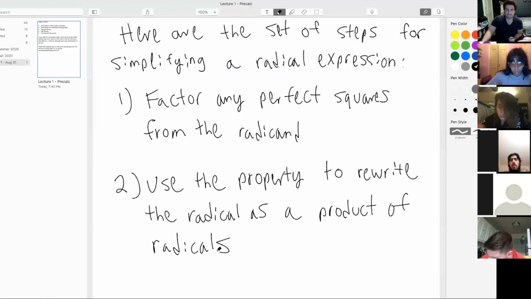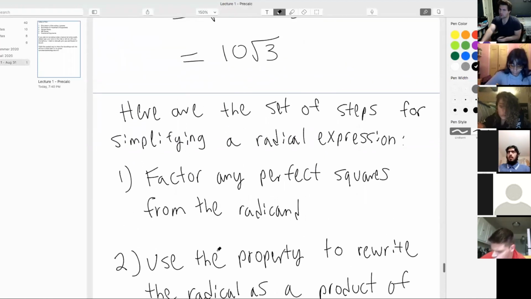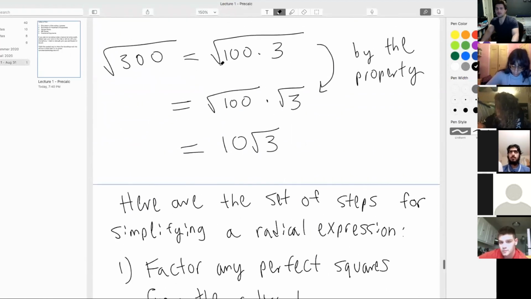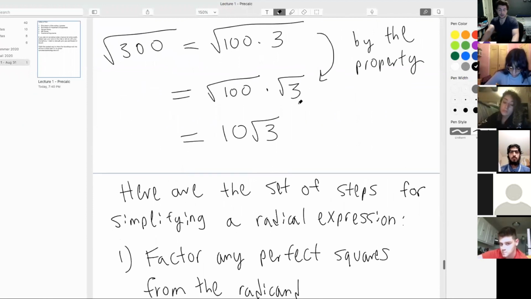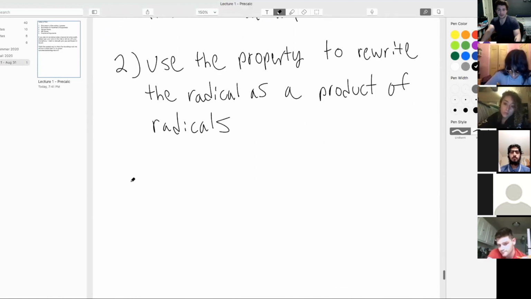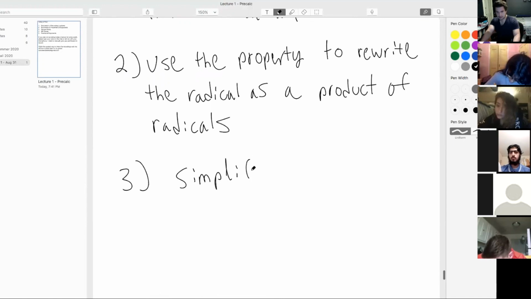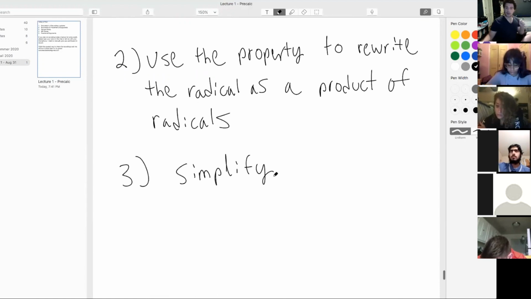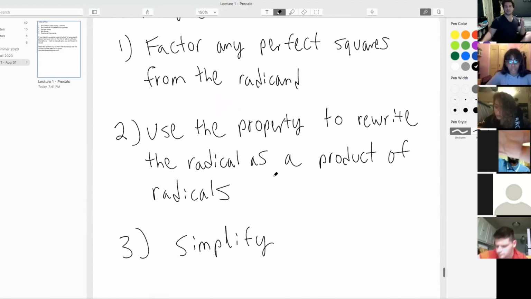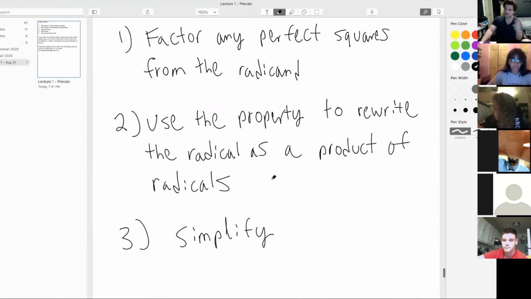We did that when I rewrote the square root of 100 times 3 as the square root of 100 times the square root of 3. And the final step is to just simplify. Basically just simplify the perfect squares that you have factored out. Let's actually use these steps. It's much clearer when we see it in a concrete example.